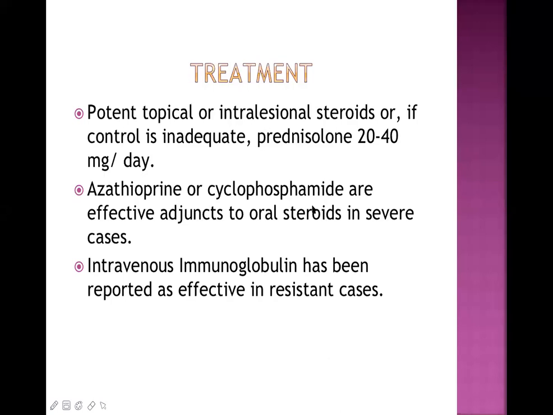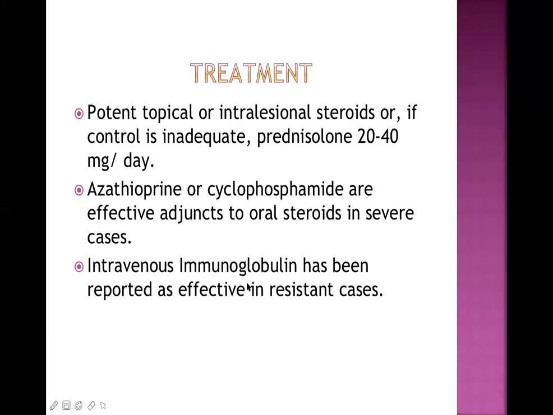Azathioprine or cyclophosphamide are also effective adjuncts to the oral steroid in severe cases. Adjunct means we add them together, or you can replace oral steroid with azathioprine or cyclophosphamide.